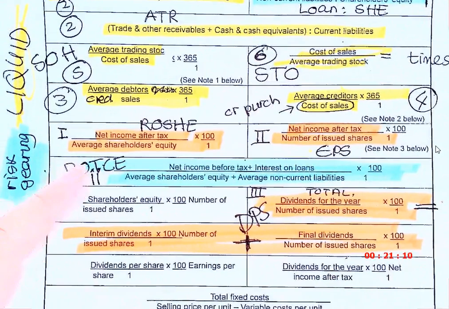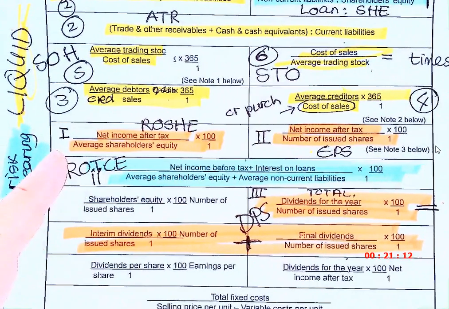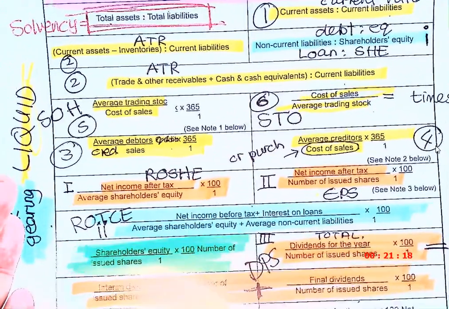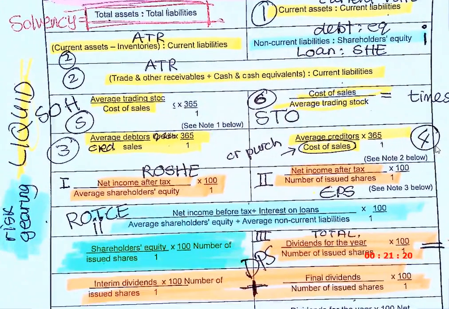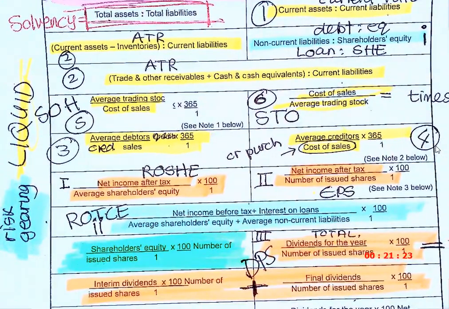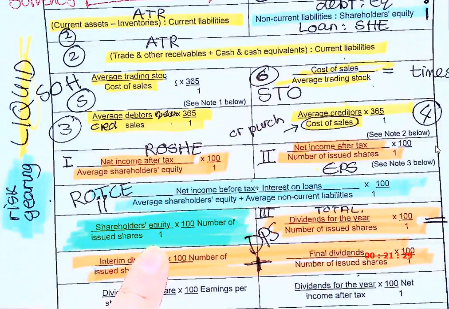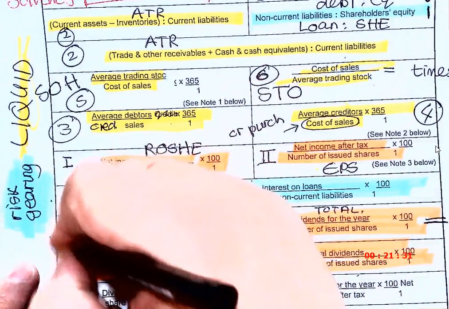But I want you to look for the NAV. Can you see it's a little bit different? That one is your NAV.